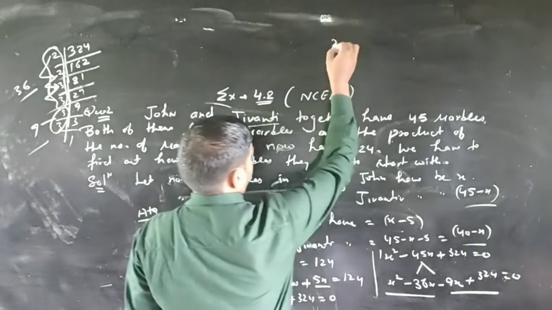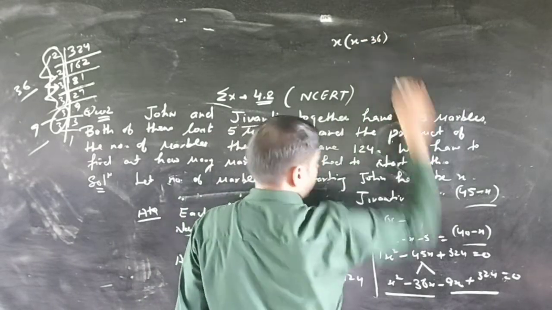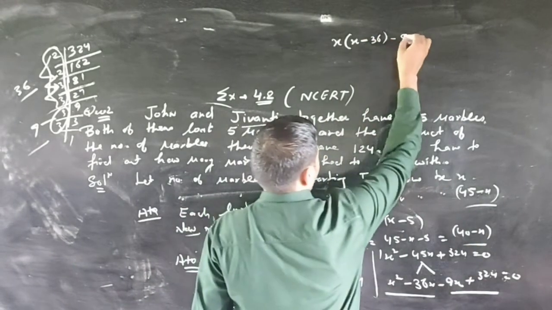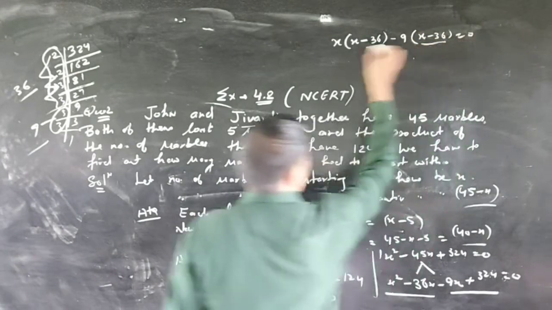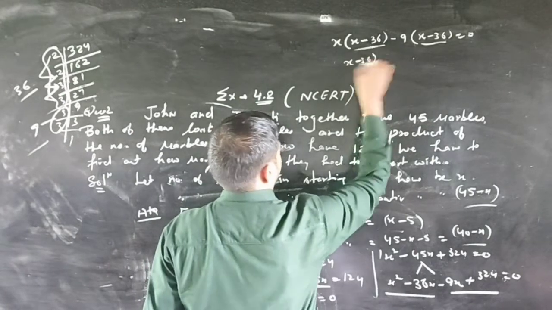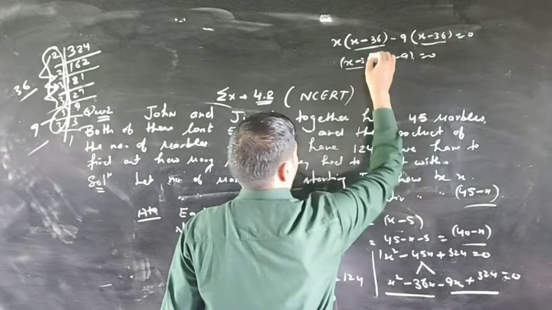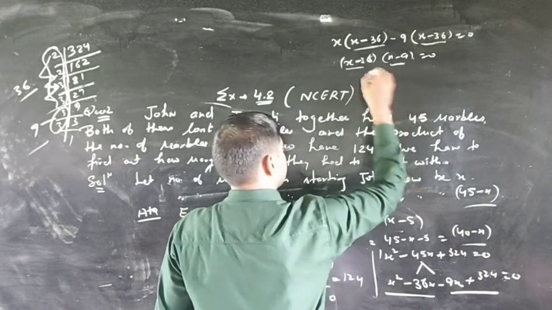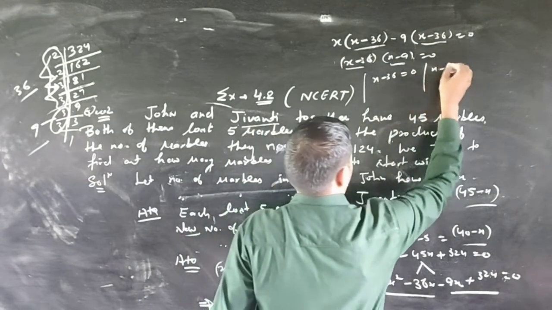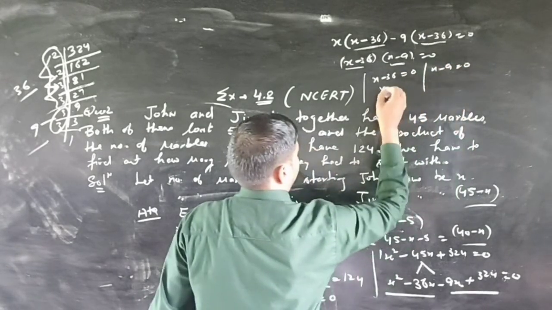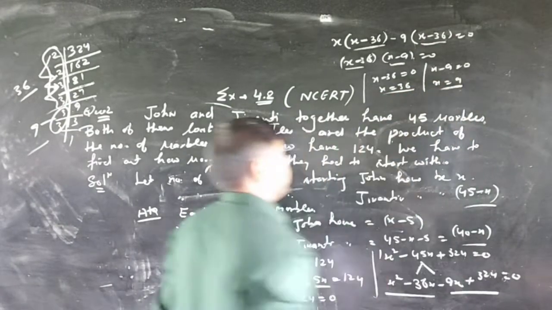So x into x minus 36, minus 9 into x minus 36 equal to 0. Now x minus 36 is common, so x minus 36 times x minus 9 equal to 0. The product of two numbers is equal to 0, so either x minus 36 equals 0 or x minus 9 equals 0. From here x equals 36 and x equals 9.